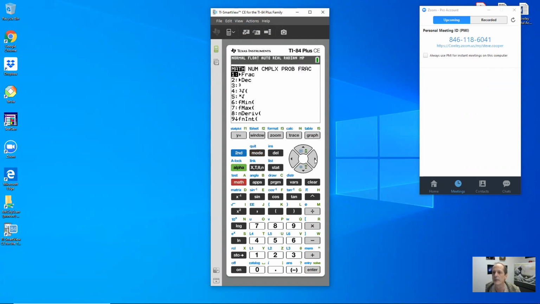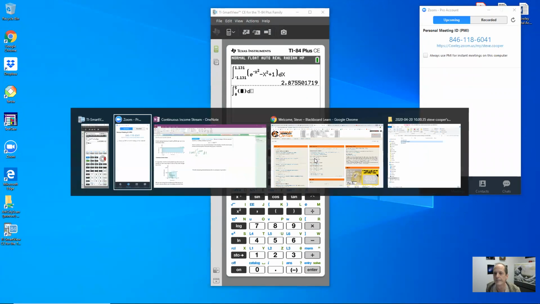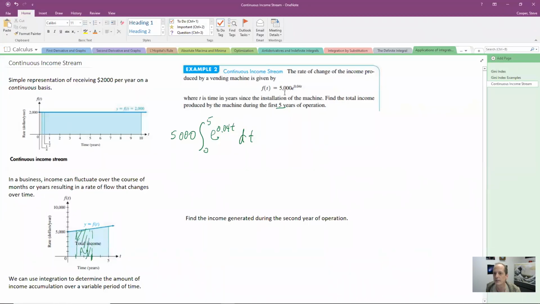It's that other one I want. Okay, so we're going from 0 to 5. And our function is 5,000 e to the 0.04t.